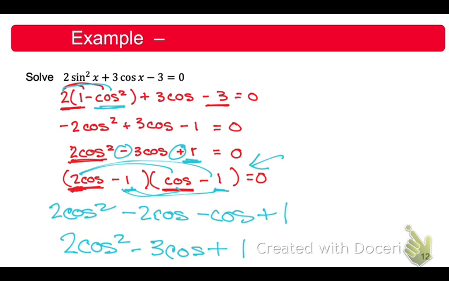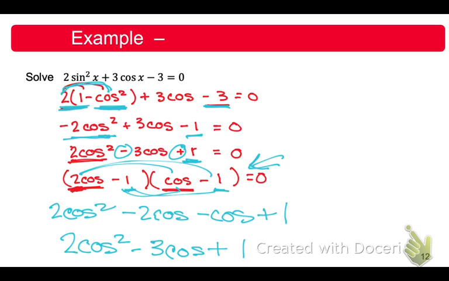So I took 2 times cosine squared and got negative 2 cosine squared. But where did your positive 2 go? Because 2 minus 3 is negative 1. I just didn't show every little step.